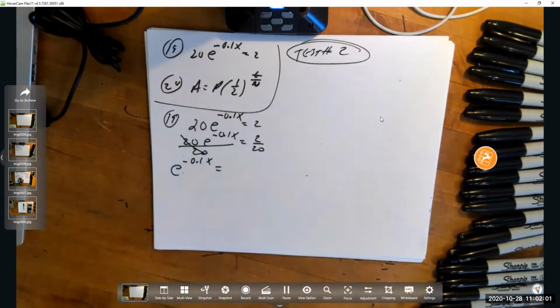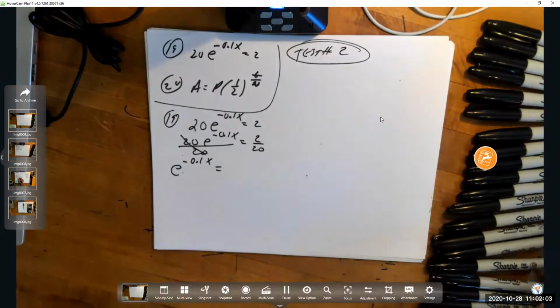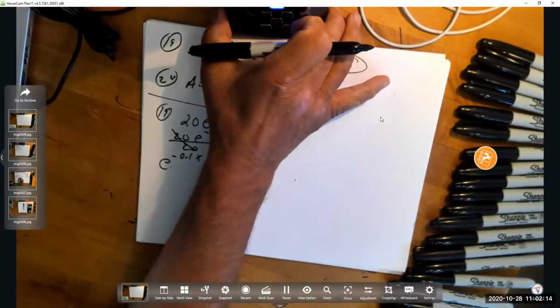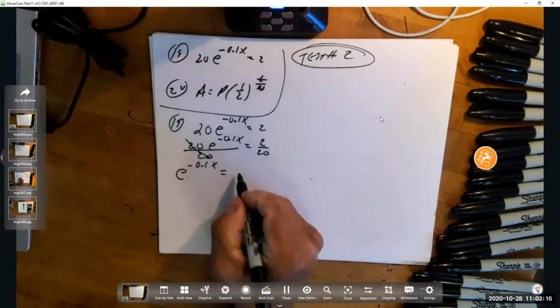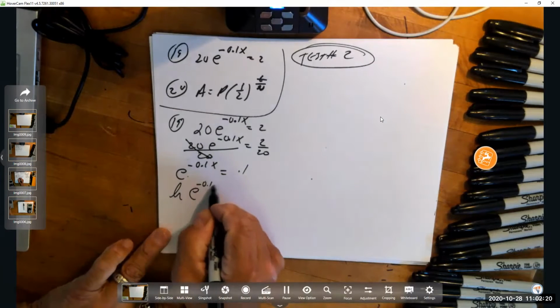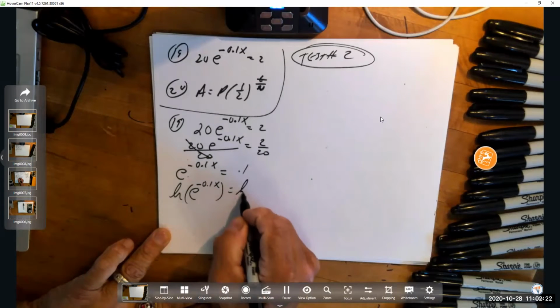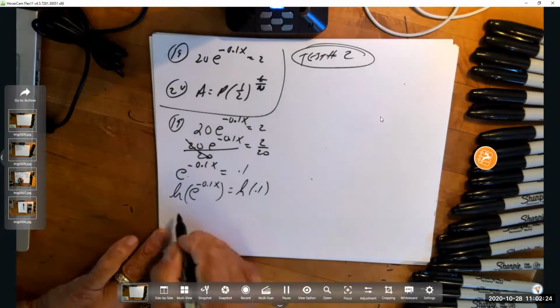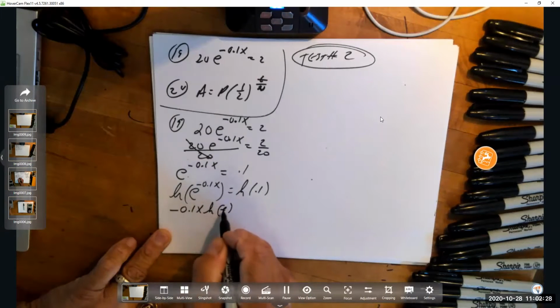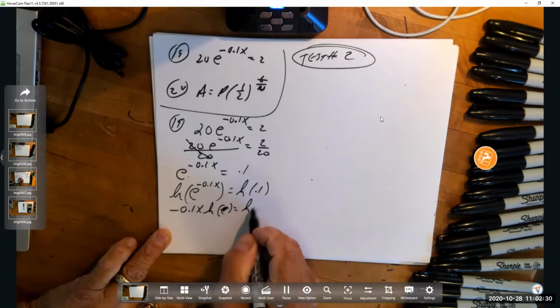Doing the calculator: 2 divided by 20. All right, give me a number. What'd y'all get? 0.1. Okay. So now you do ln of this number, and ln of this number, so negative 0.1x. ln of e is ln of 0.1.